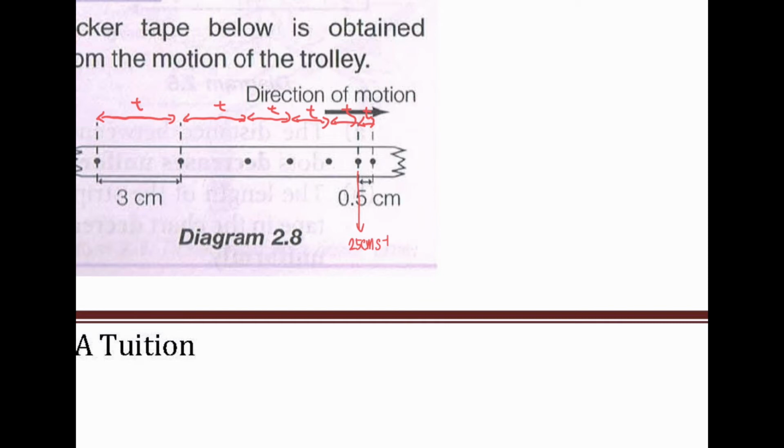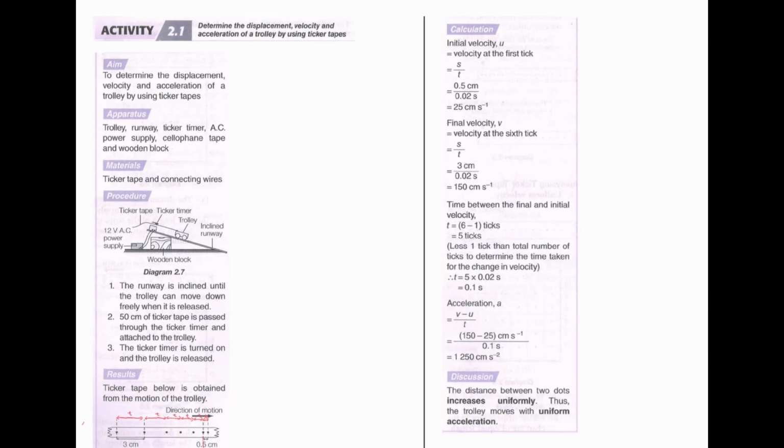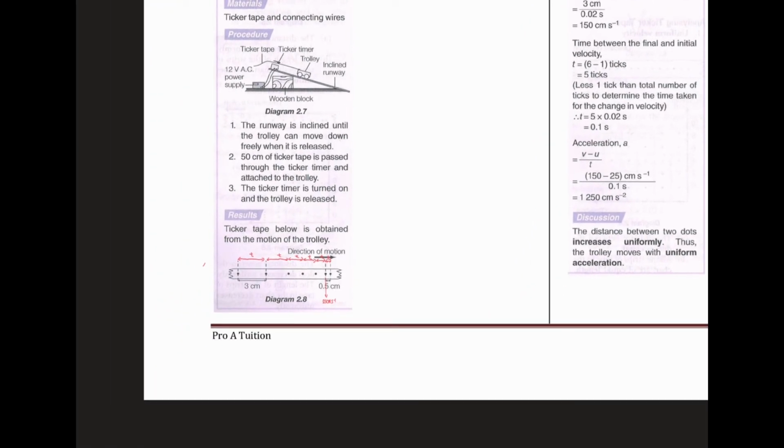Then the final velocity is 150 cm per second. It happens when the last tick finishes, that means at the end of the last tick. So at this particular point, it achieved 150 cm per second.